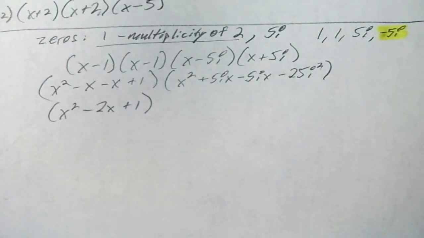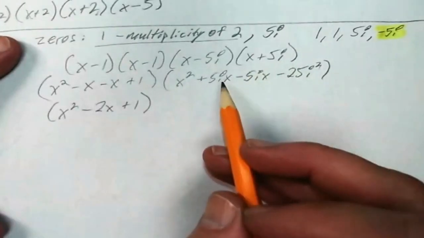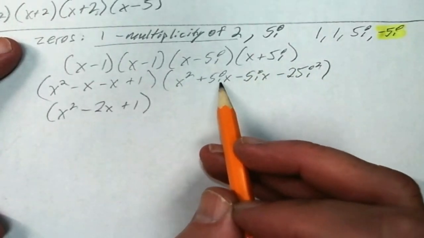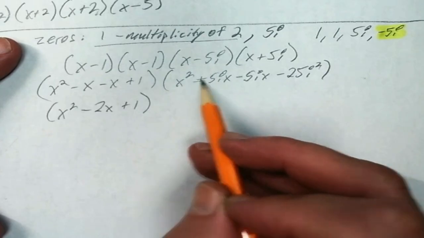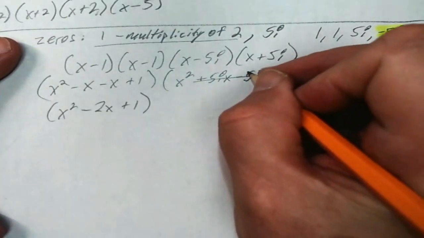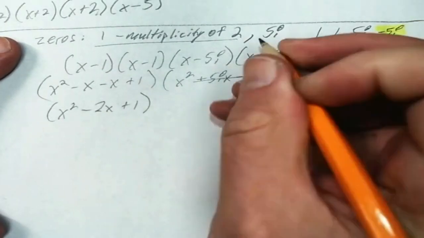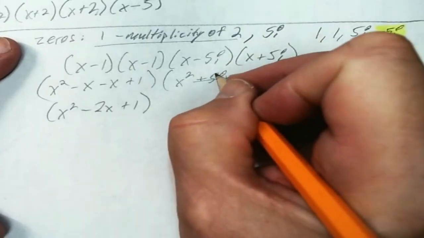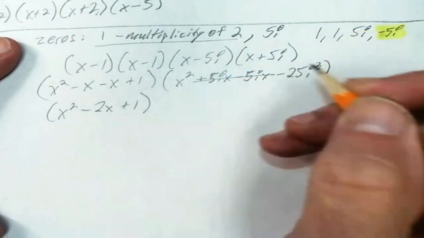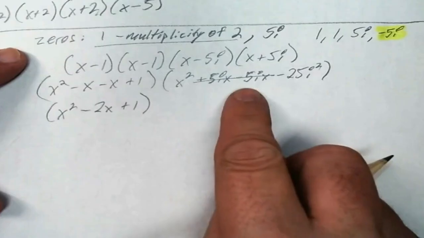Okay, simplifying this, for one thing, this is real nice: plus 5ix minus 5ix cancel each other out. I need to make sure it looks like a 5. No, that's a 5ix. These cancel each other out.